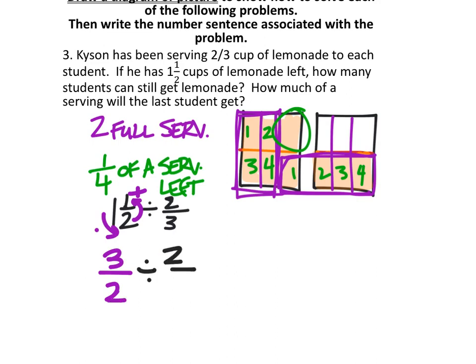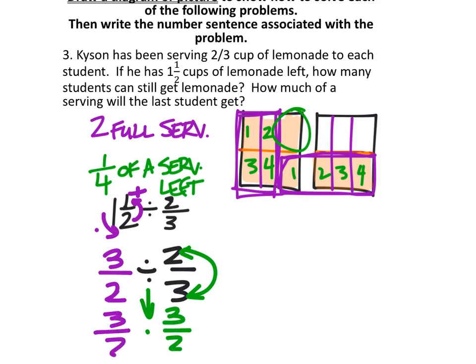But this is divided by 2/3, and, oh yeah, we don't actually divide fractions, right? We multiply them. But we have to reciprocate the divisor there to make that 3/2. So this is 3/2 times 3/2. Wait a second. All right, continuing. 3 times 3 is 9 in the numerator. And then in the denominator, 2 times 2 is 4.